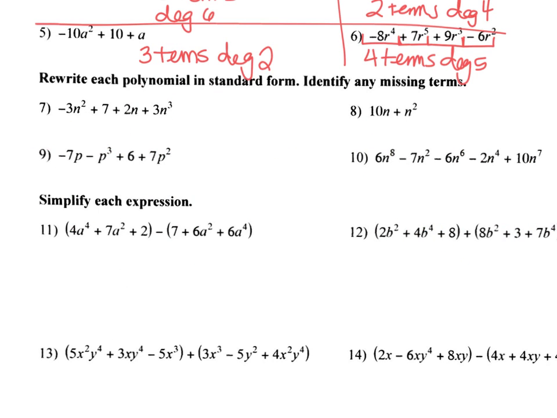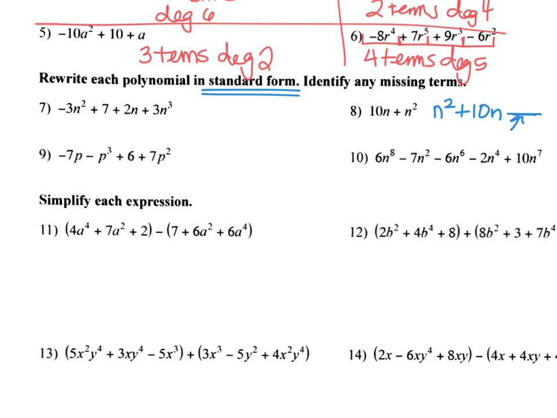All right, question set 7 through 10. We talked about how standard form means we do the exponents, so rearrange the pieces so that the exponents count down. So we did 7 together in class. For 8, we just need to rearrange these so that it says n squared plus 10n, and it's missing the 0 term or the term without any variables.